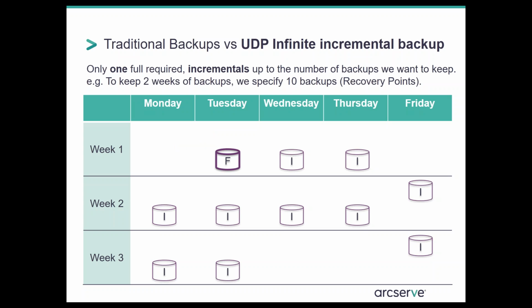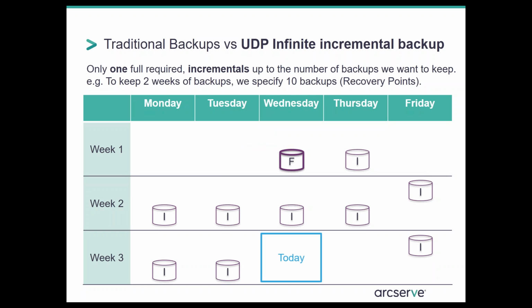On the next day, we perform another incremental, and then we go through the merge process again. Oldest incremental is merged with the full. The old full gets marked for deletion, and that is eventually purged.